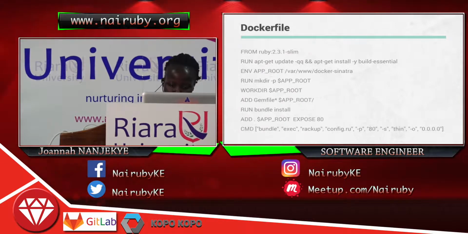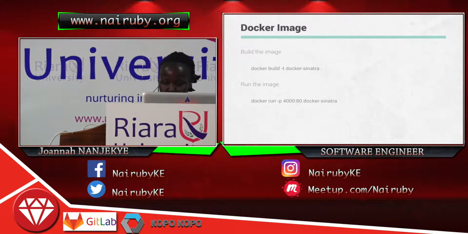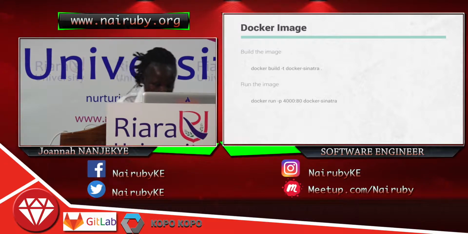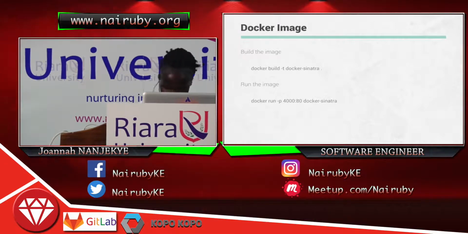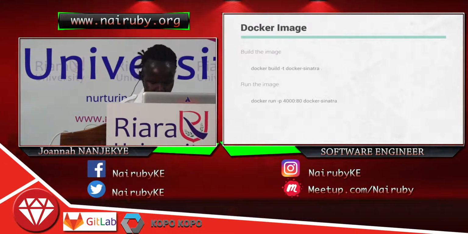After you've created a Dockerfile, like I illustrated earlier, the next step is to build that image. If you've installed Docker on your machine, the Docker client, the command is very simple. You just say docker build -t, then your image name. After you've built your image, you can run your application with docker run on whatever server you have, on whatever port, in this case, port 80.